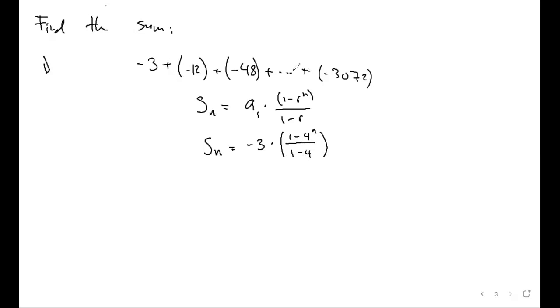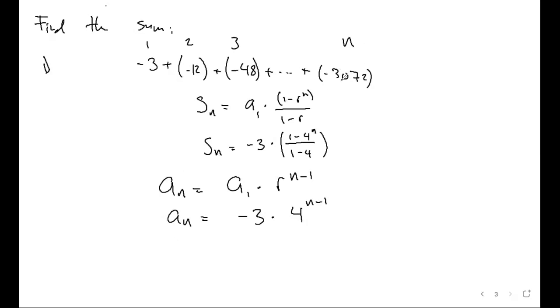In order to find this partial sum, I need to know what n is. So this is the first term, second term, third term, and this is the nth term. But what is n here? Well, okay. I know that a sub n for a geometric sequence is given by a sub 1 times r to the n minus 1. So that means that a sub n is minus 3 times 4 to the n minus 1.